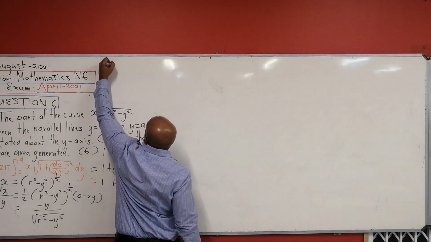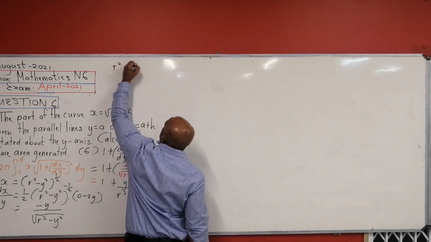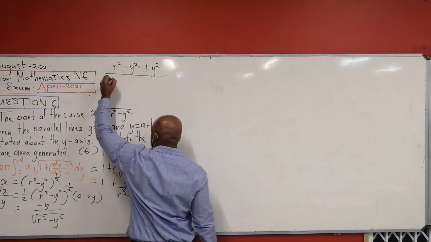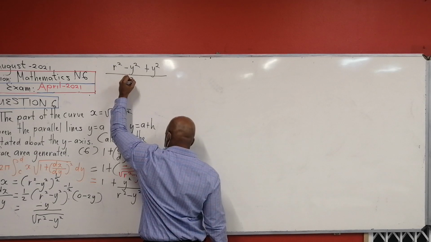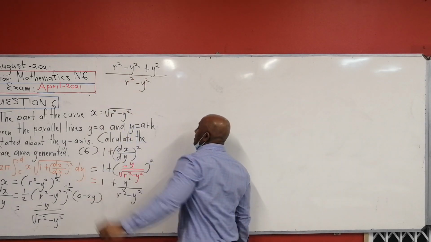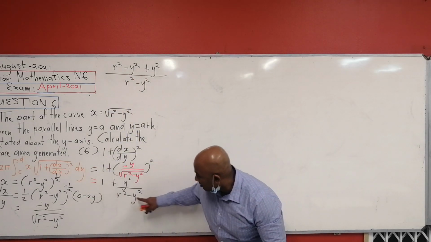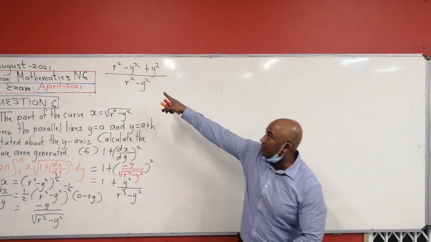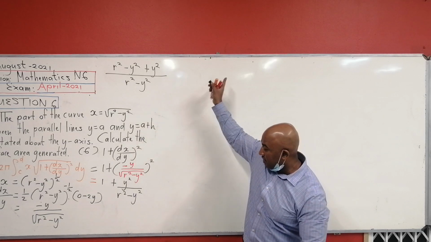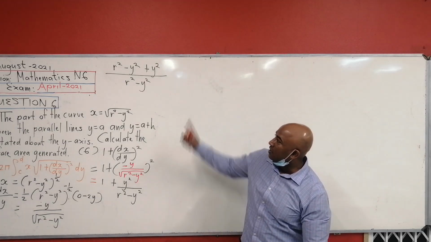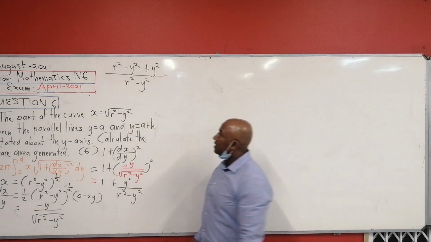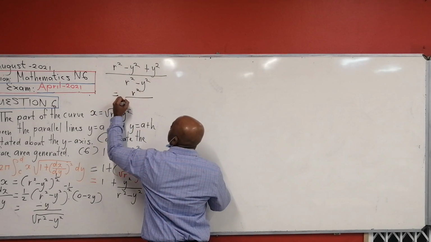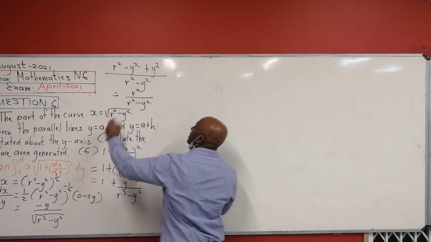So I'm going to have r squared minus y squared plus y squared, all divided by r squared minus y squared. I'm adding 1, so 1 times r squared minus y squared is r squared minus y squared, plus that, all over. What happens now? Minus y squared plus y squared is 0. So I end up with just r squared all divided by r squared minus y squared.